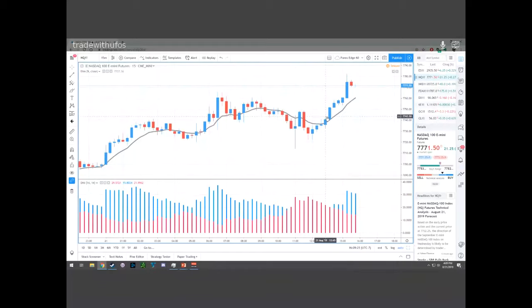And the DMI is here to help us understand if the market is in a confirmed or unconfirmed environment. So for example, if we are in this uptrend, do we know that it's likely to continue this uptrend, or is it just going to be a little pump and dump?